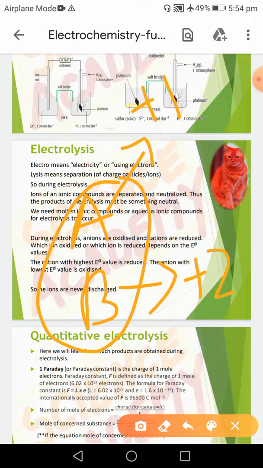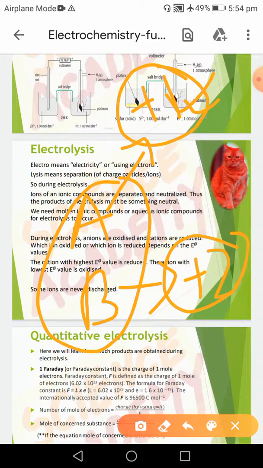The system which has a lower tendency of getting reduced must have a higher tendency of getting oxidized, isn't it? Here the value is +1, and here the value is +2, so +2 is the higher value.